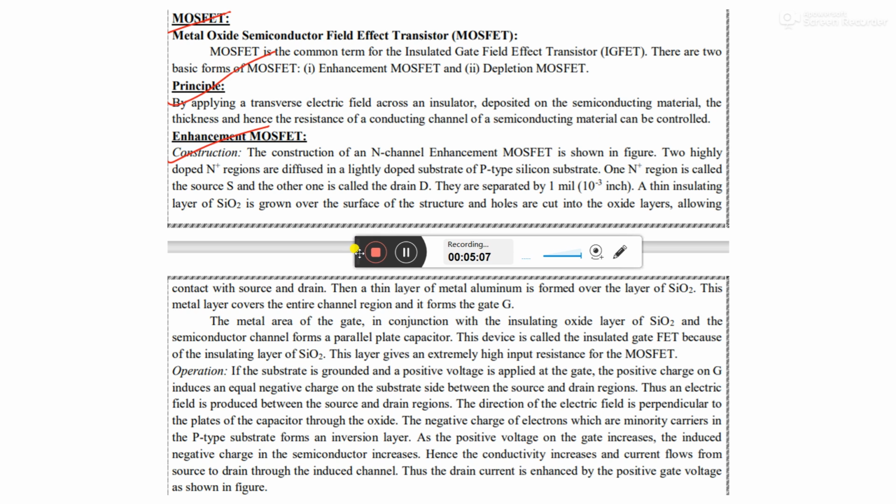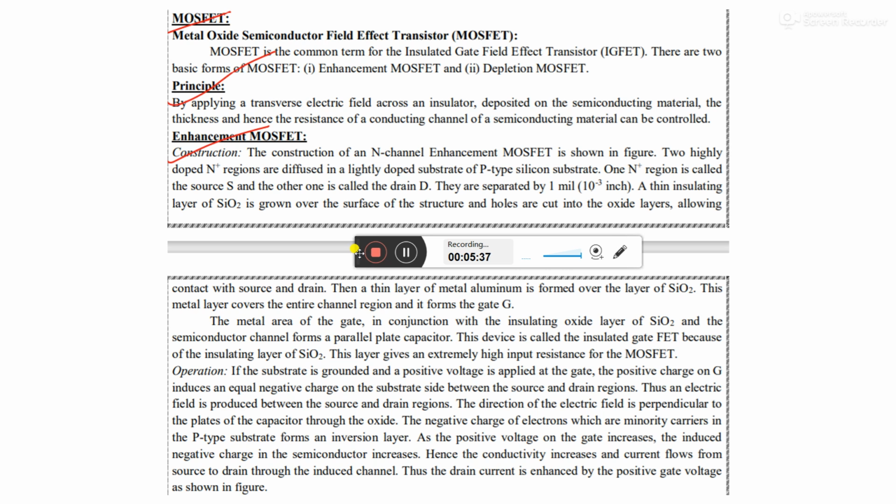If you see the construction of the enhancement MOSFET, for the N-channel enhancement MOSFET, we have to take a P-type substrate. Literally, a piece of P-type silicon substrate. On that, two heavily doped regions are diffused, and from those regions we draw the terminals called drain and source.